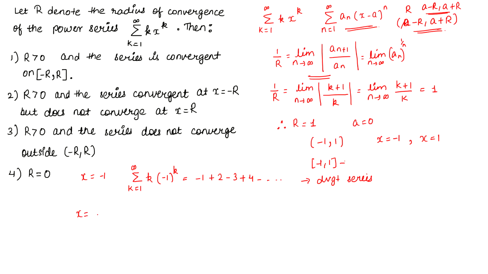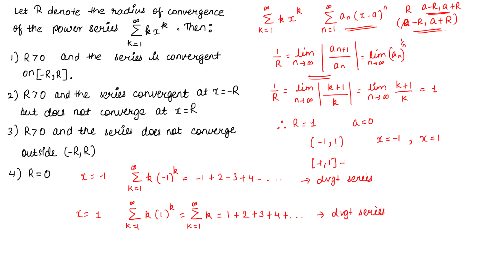Now when we consider x equals 1, the series is sigma k equals 1 to infinity k times 1 raised to k, that is sigma k equals 1 to infinity k, and this is equal to 1 plus 2 plus 3 plus 4 plus and so on, and clearly this series is also a divergent series.